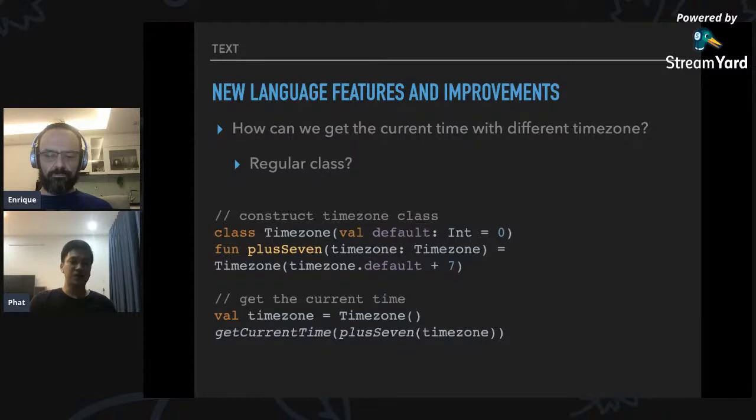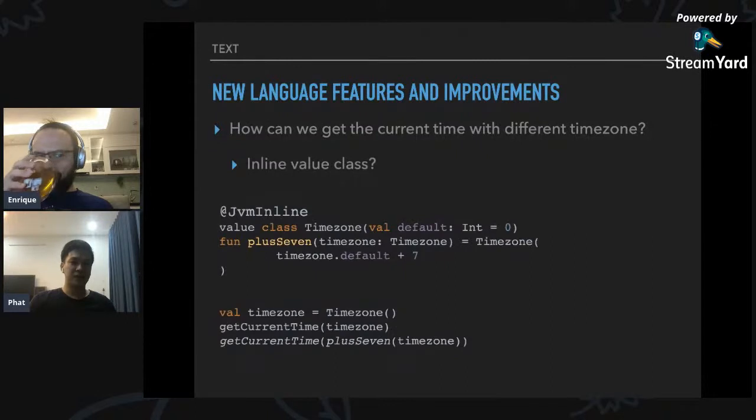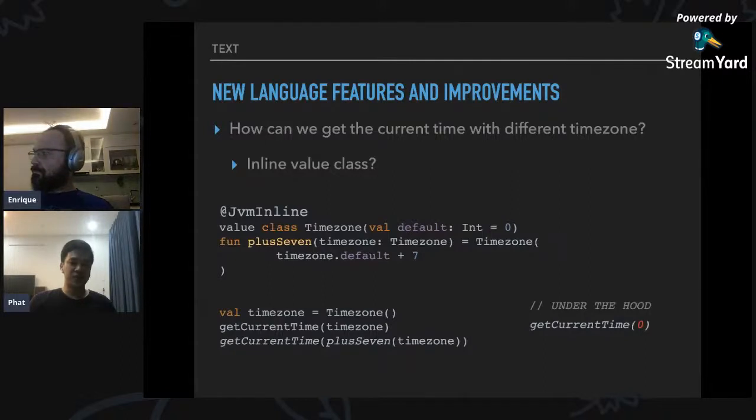So Kotlin introduced inline functions in 1.4, and in 1.5 they have something called the inline value class, which has a very long definition of value class. But let's take a look at a very simple version right here. So we have the very same thing, right? The very same thing, but only introducing the value keyword before the class. So under the hood of this function, we will see that for getting the current time, instead of passing the entire object into the parameters, it's basically passing the value of that class inside the function.